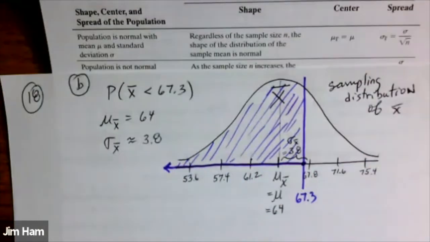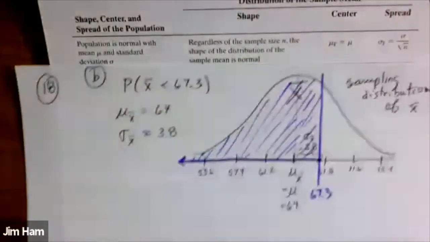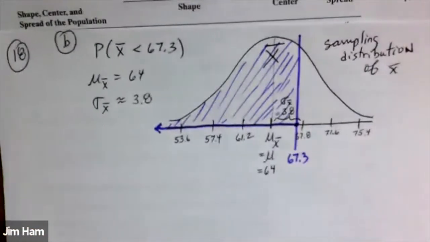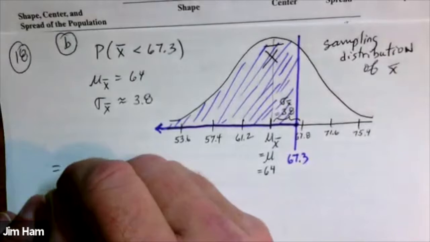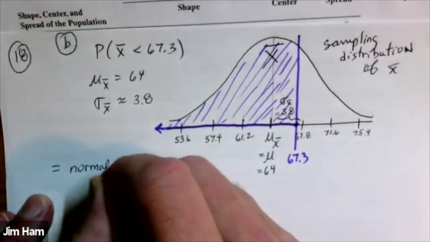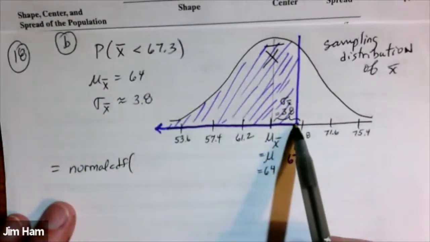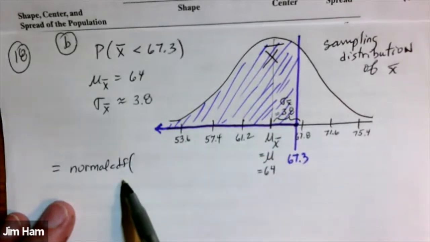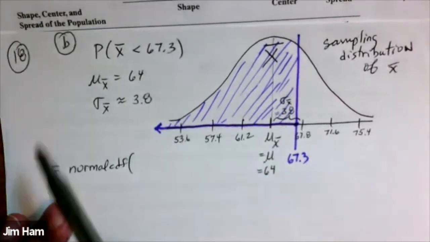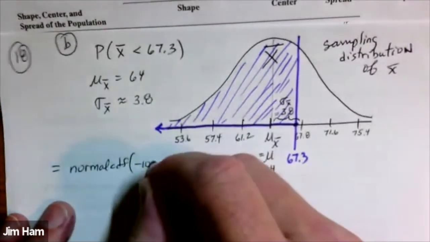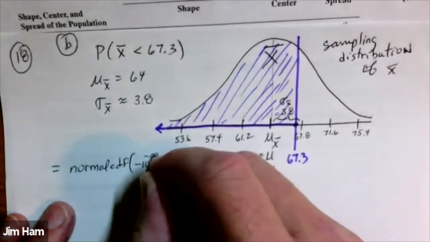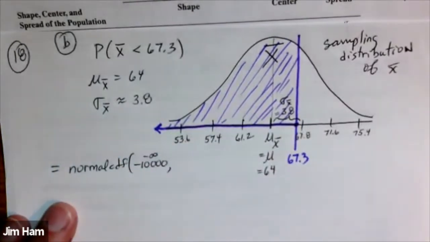All right, now that I see the picture, I know that a normal probability can be calculated on my calculator using Normalcdf. So again, I need to specify the 4 numbers that make this function work. And that would be the lower bound, in this case, negative infinity. So just as we've always been doing, we'll use negative 10,000.